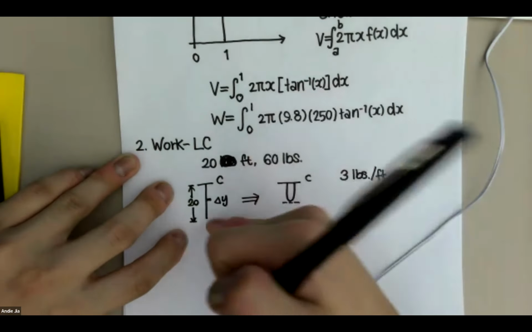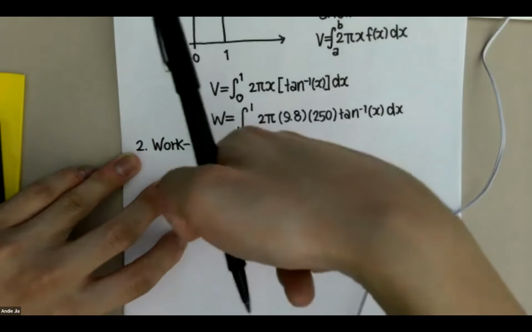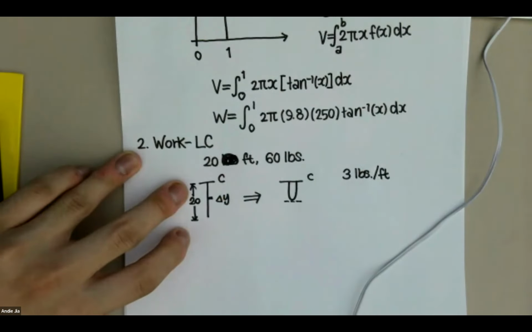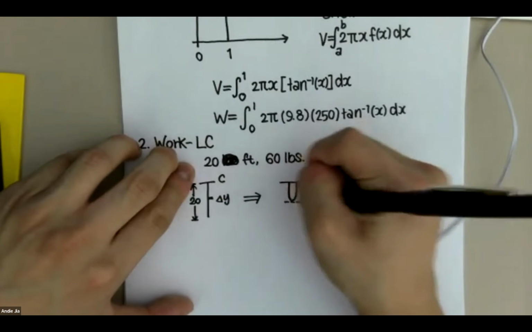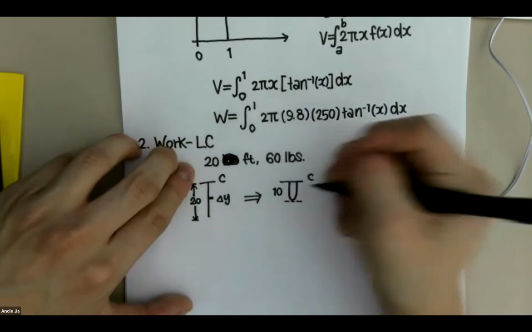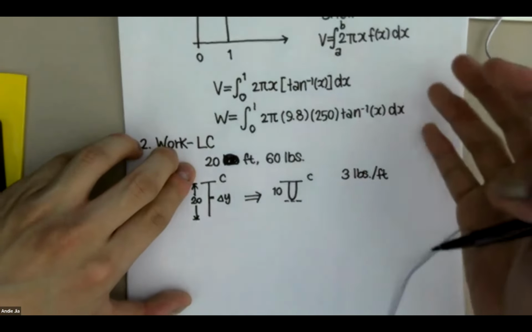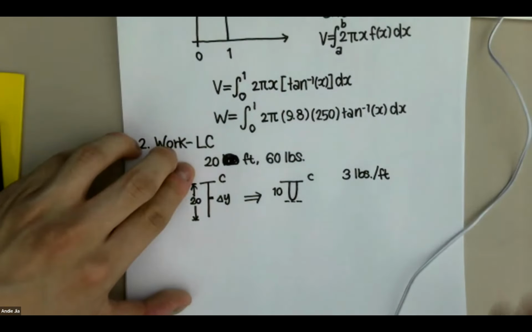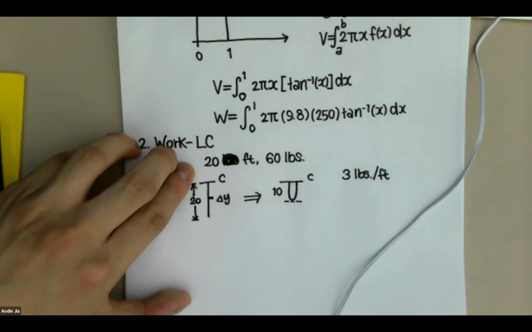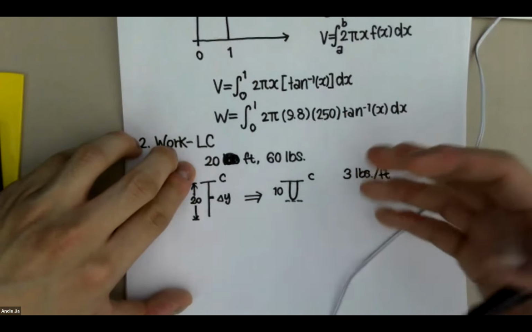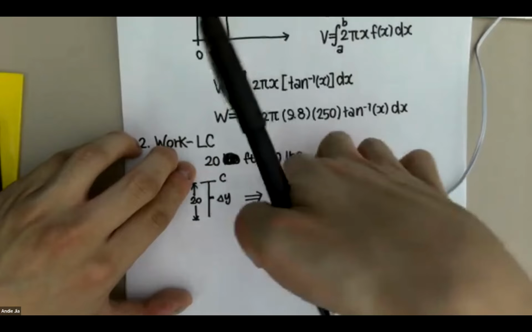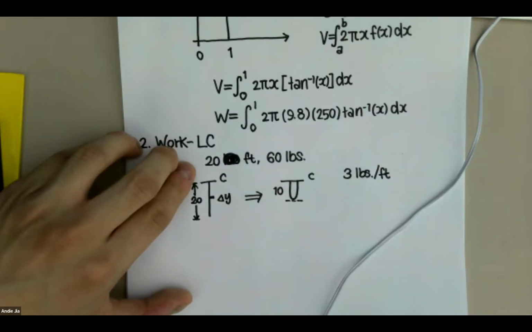If the two sides are even, so one side is 20 feet, now in this case each height will be 10 feet. So 10 is the height. If you compute the work done, you set the upper bound to 10, not 20, because when we make this, the two sides are even.